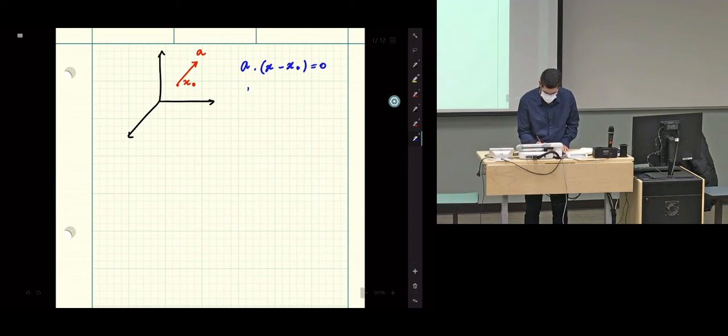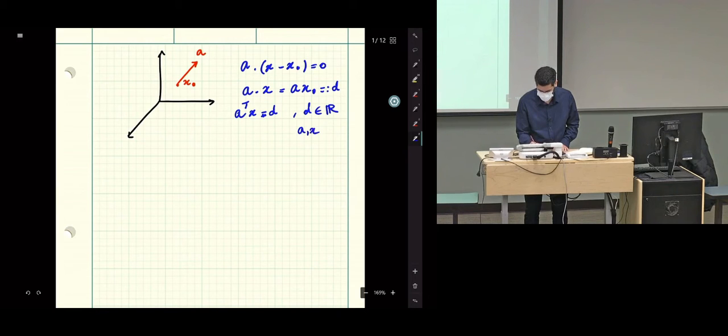Okay, so we know we can write this in this form. And the right-hand side is just a scalar, which we define as d. So we learned that we could write it like this: A transpose x equals d. So d is a real number here.